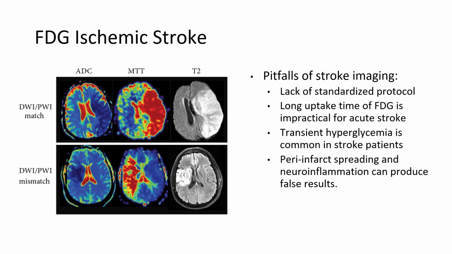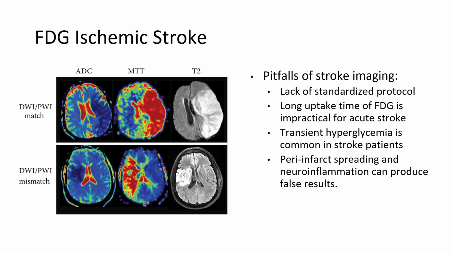So a big pitfall for FDG is that the area of the stroke will have decreased perfusion and metabolism, but then there are also transient hyperglycemia where it might take up more all of a sudden. And then also localized inflammation will increase uptake in that area.